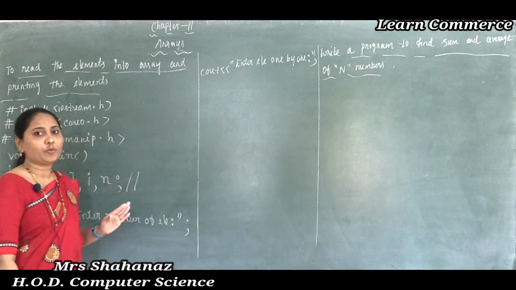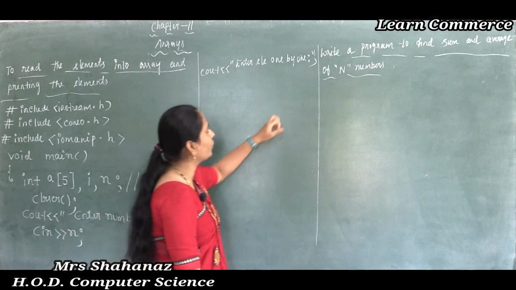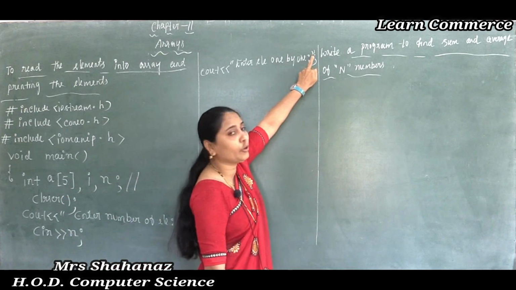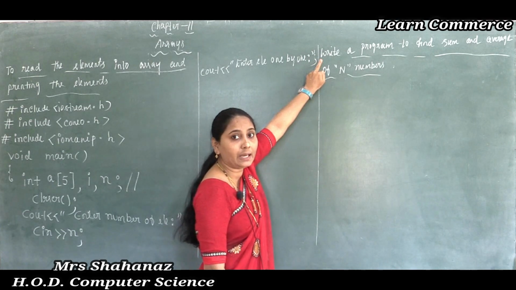But in case you want to display the values one after another, then how are you going to write? First of all you need to close the double quotation, then you have to use the operator endl, semicolon.